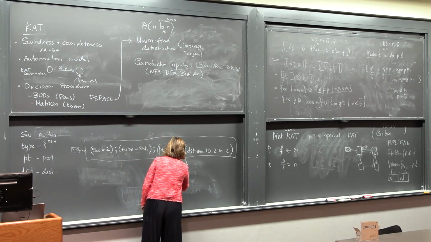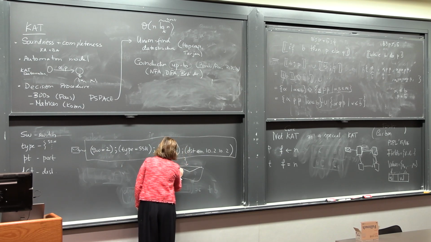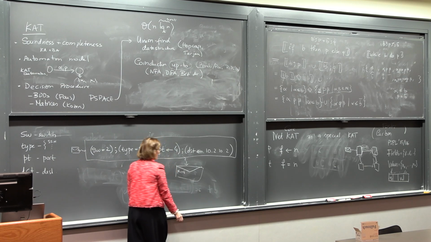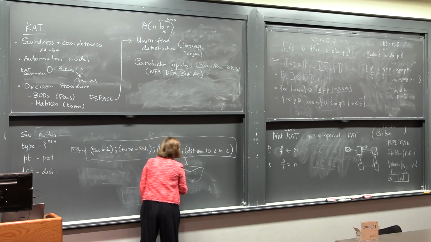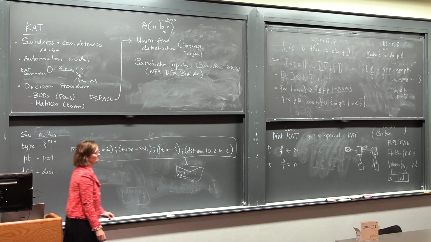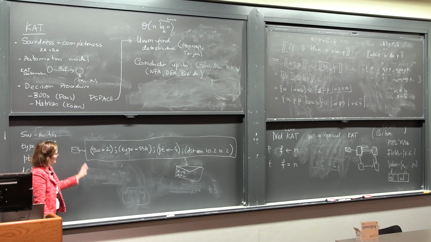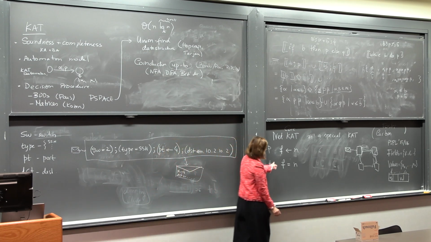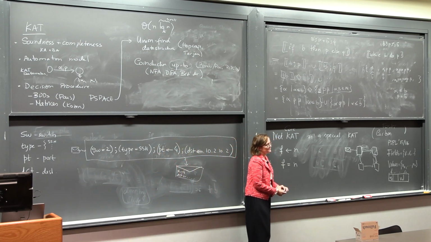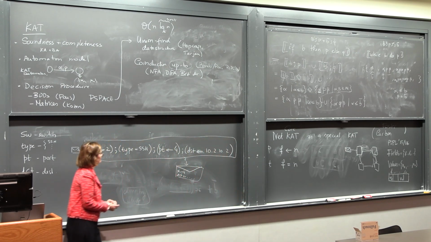So the packets that go out will definitely have that they came out in port 4, and the destination is that number. So using this somewhat simple interpretation of KAT, I want to show you tomorrow how you actually do network reachability.